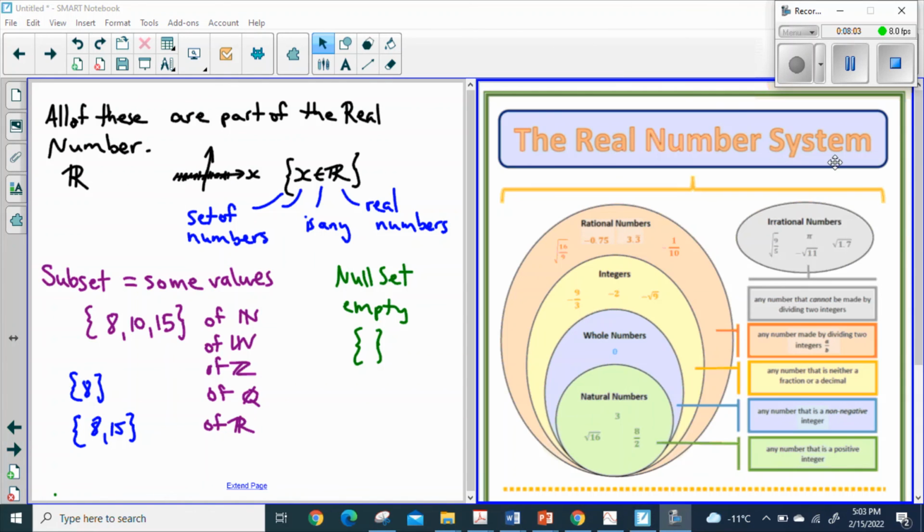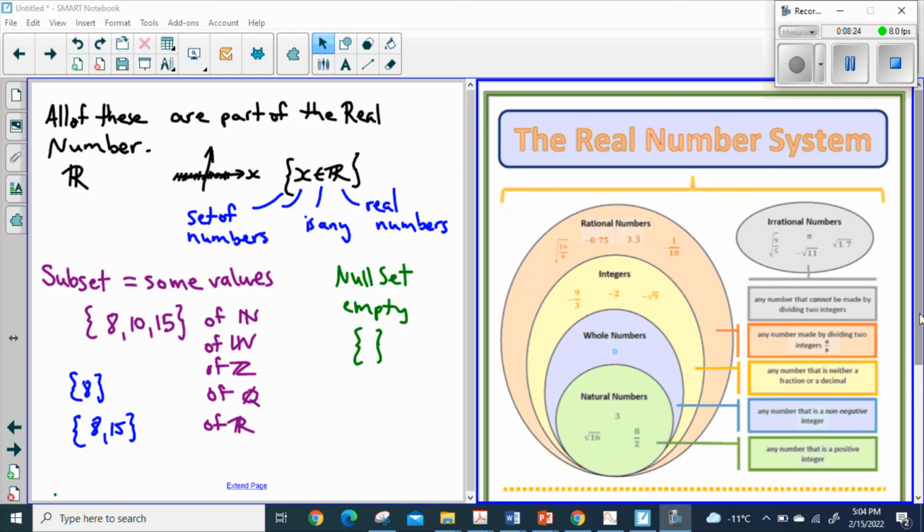As we talk about the real numbers, this is a graphic that we've posted, and it shows that the real numbers include all rationals and irrational numbers. There's an example of some rational numbers. They also include integers, which include whole numbers, which include natural numbers.